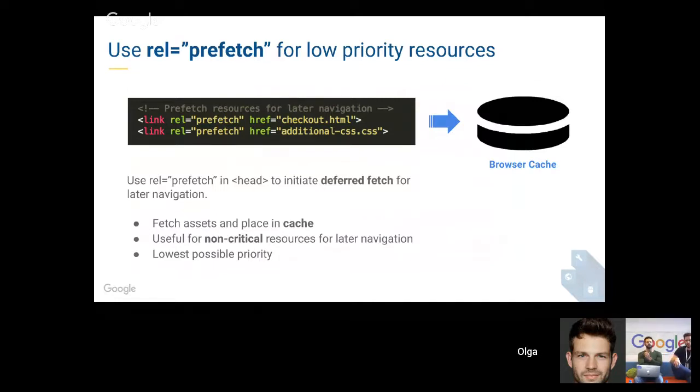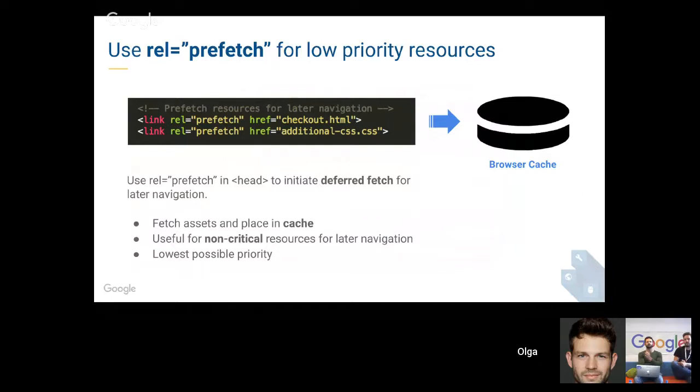One good example would be that we work with a lot of clients, and one best practice is to extract the critical CSS and only load that CSS on the landing page, to make sure that everything renders as quickly as possible. Then we often get the question, well, what happens if the user navigates further in the funnel, because I just deferred the slow load time further down the line? That's where prefetch comes in.